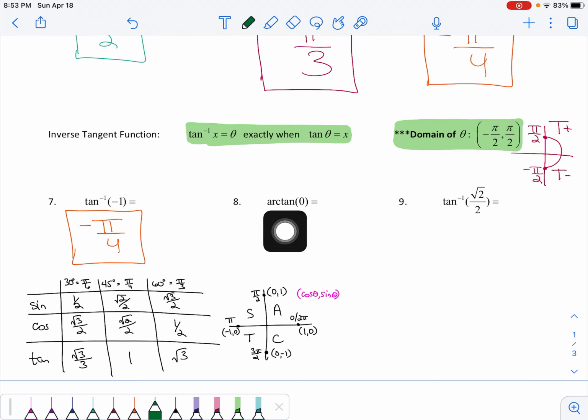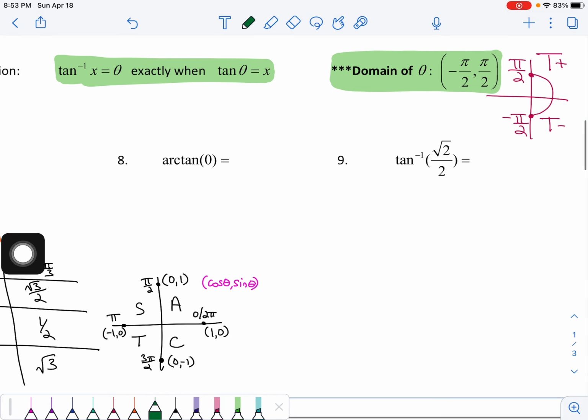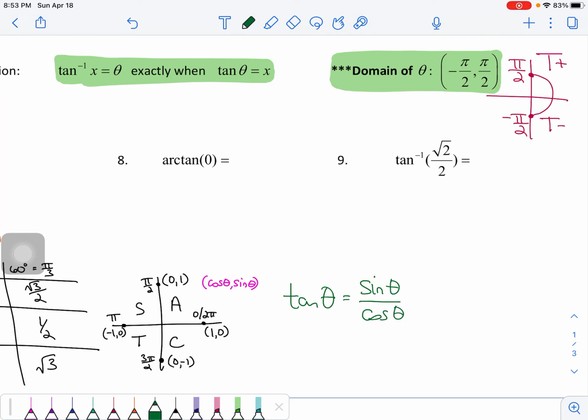All right, arctangent, which is the same notation as inverse tangent, arctangent of 0. Now, if I look at my tangent line, I don't have 0 in the tangent line, and I don't have a coordinate here that says cosine, sine, then tangent. So I need to remember that tangent of theta is defined as the sine of theta over the cosine of theta.